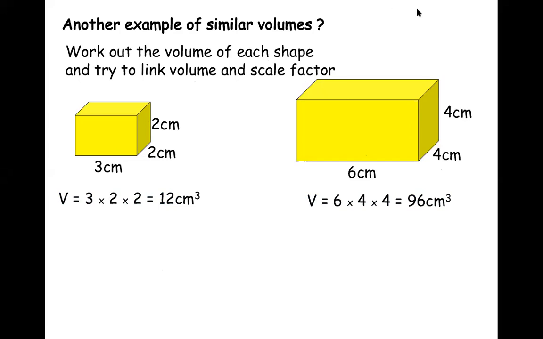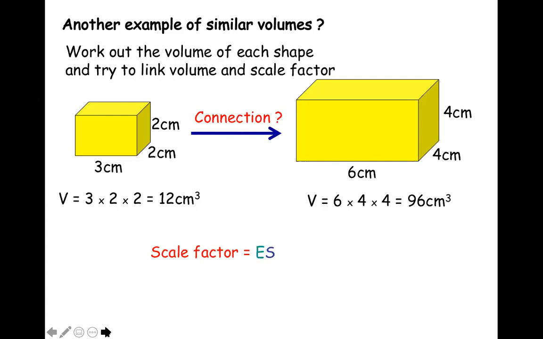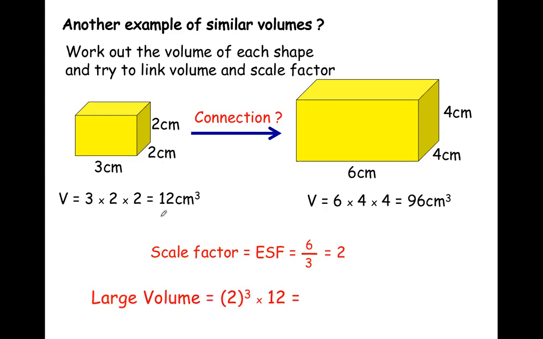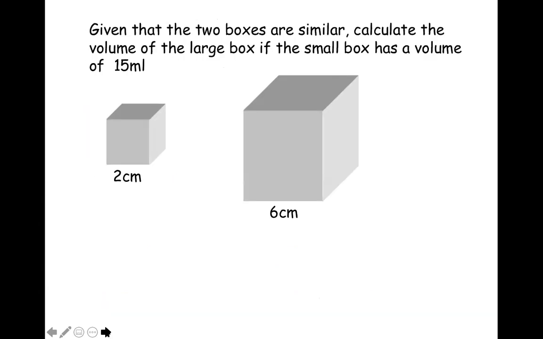And then the connection between the two is your scale factor, 6 over 3, so again, that's a linear scale factor, equal to 2. Now, if I do 2 cubed times 12 centimeters cubed, which was the first small one, that will give me 8 times 12, which is 96. So that's exactly what we did with the small cube there.